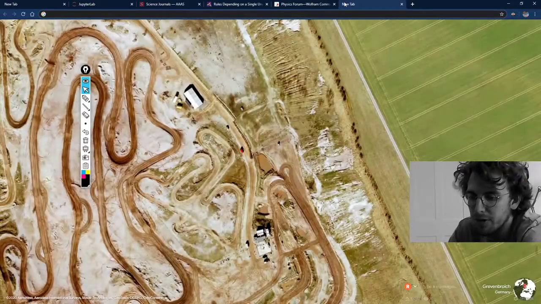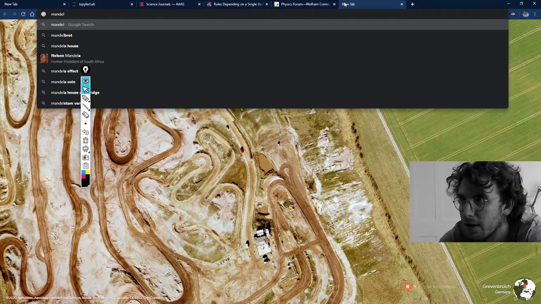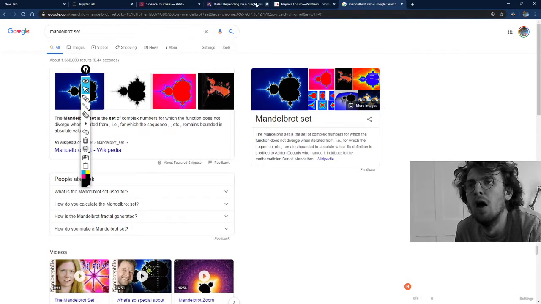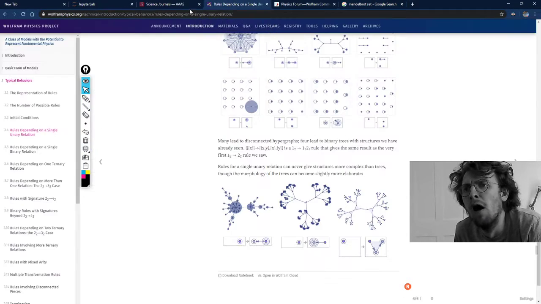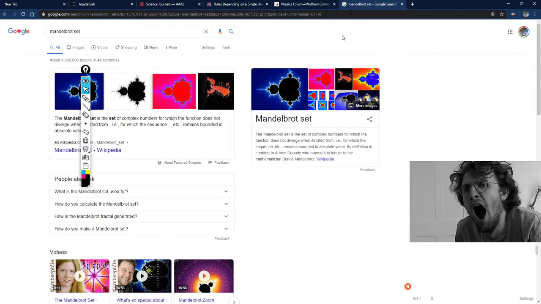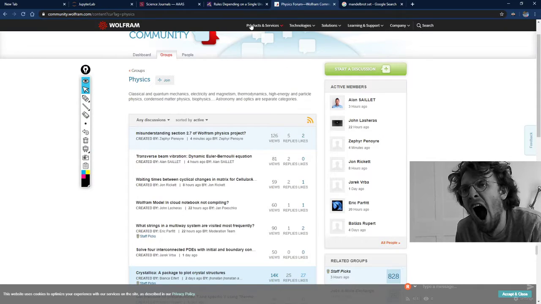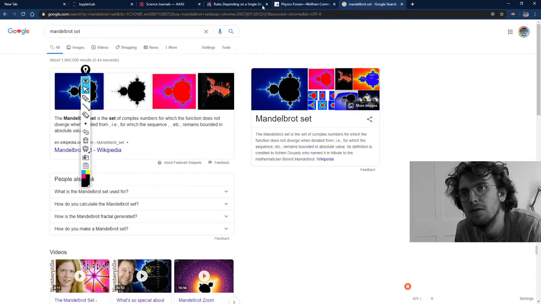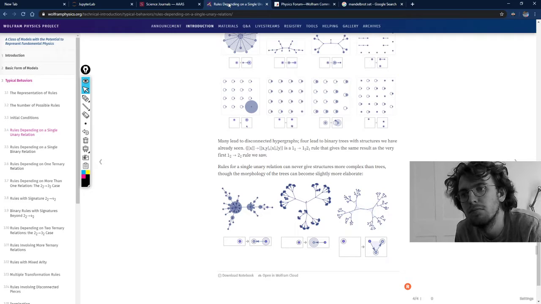Let's just look up the Mandelbrot set quickly to see how similar that does look to that. Pretty similar, not 100%.